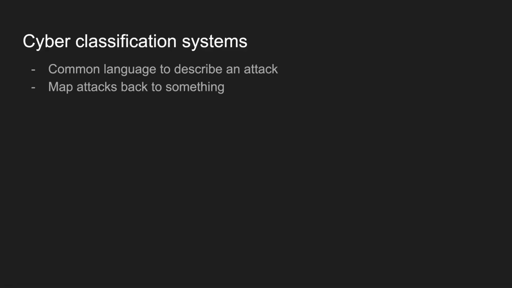And that common language is great to use: ATT&CK, the cyber kill chain, and so forth. It also maps attacks back to something. Because an attack can be so varied and creative, you need the ability as a cyber threat intelligence analyst to map that behavior back to something in order to loop back into the common language.